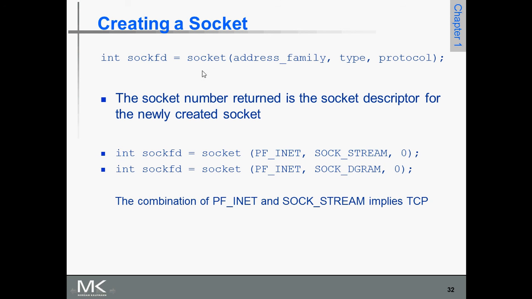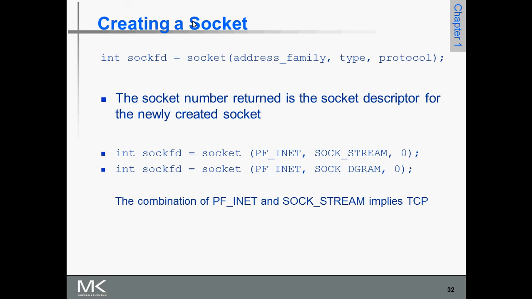If you execute this function, a socket number will be returned, and that is called a socket descriptor. If the socket descriptor returns -1, it indicates an error, and if it returns a positive number, it indicates success. A positive number means the socket is created successfully.